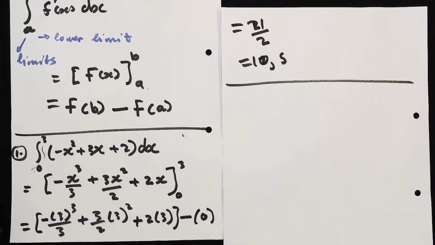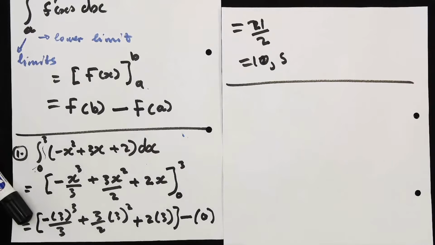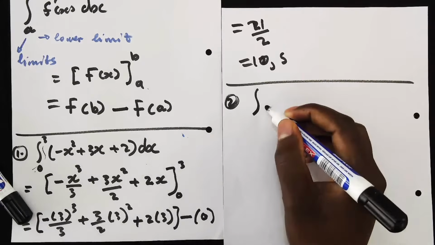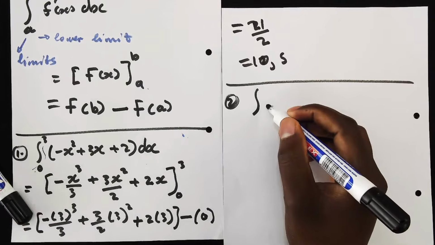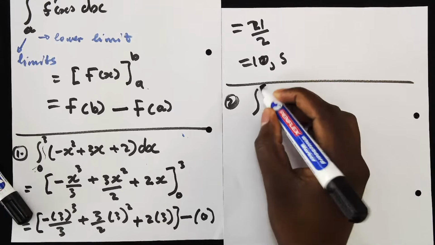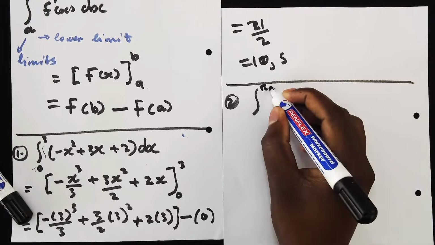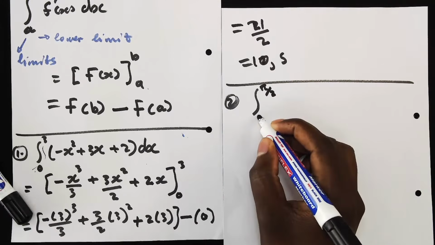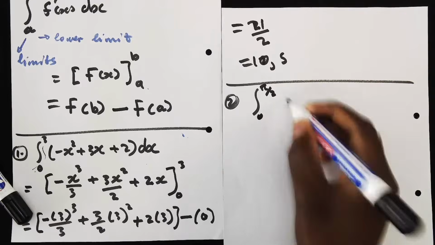Can I maybe take trig and exponentials? Let me take 2 examples, trig and exponentials. With trig, let me do this: pi over 2 is the upper limit, lower limit is 0.